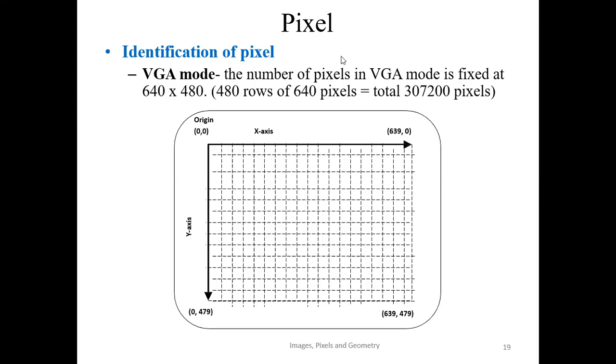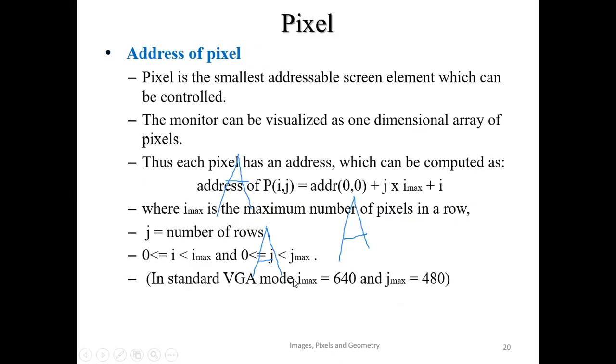On the screen, do you want to draw the A here, or here, or here? First you have to know from which pixel you should start. To calculate this pixel address, we use this math. So let's start with a simple one.